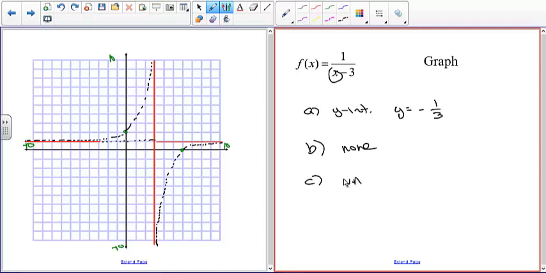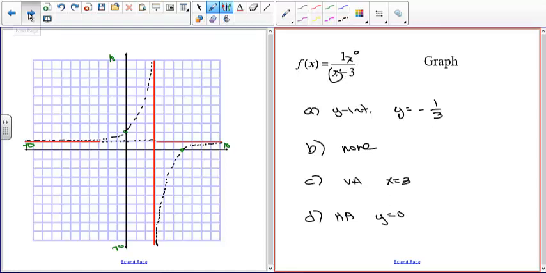The vertical asymptote is x equals 3. That's what makes the denominator go to 0. And the horizontal asymptote is y equals 0. That's because if you think about the order of the numerator, which is x to the 0 power, which is 1, 0 is less than 1. So when that happens, you get that.